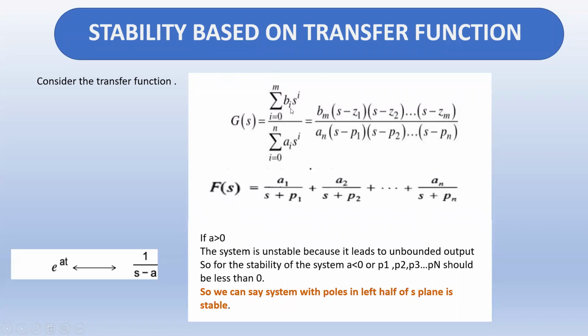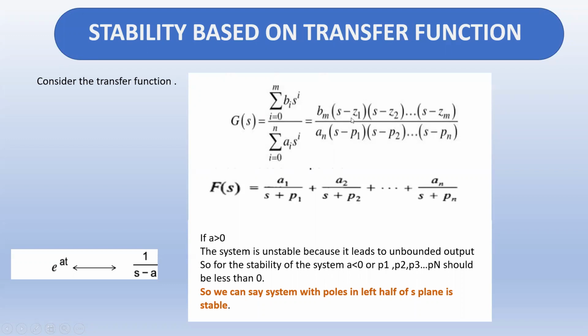The roots of the numerator polynomial are the zeros, so with coefficient bm we have the numerator as a product of these roots, and we can write the denominator in terms of the poles as well.